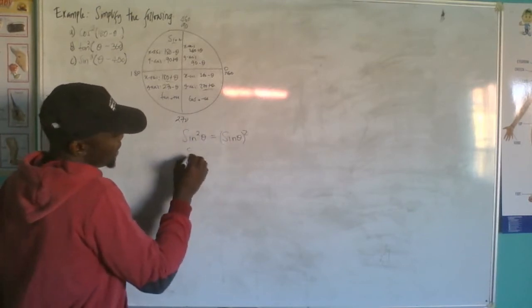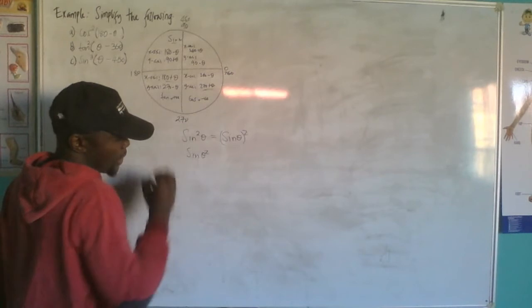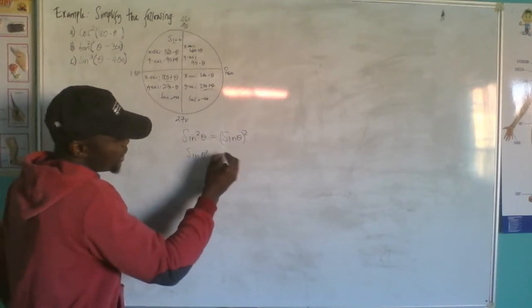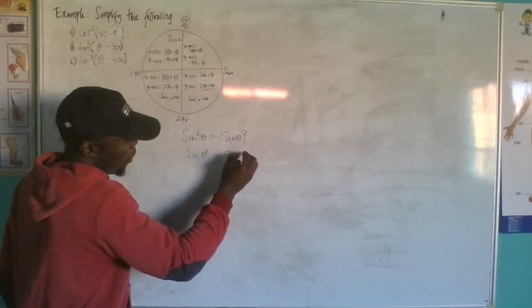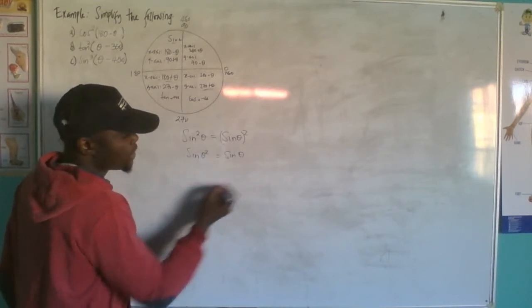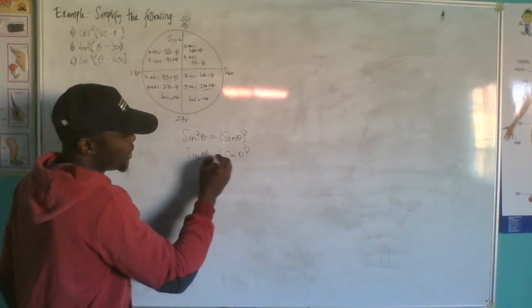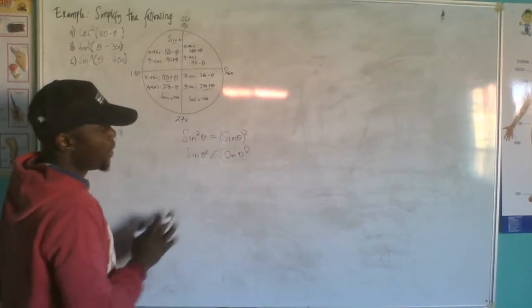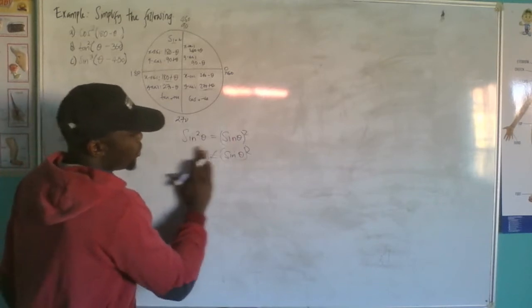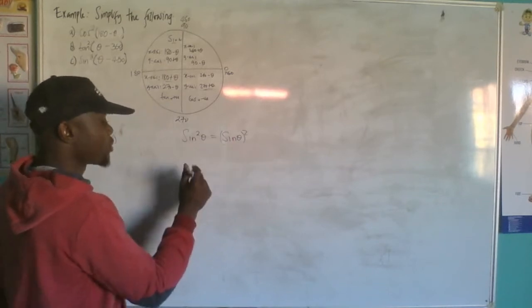But if I have sine theta squared, this only applies on the angle. So it's not the same as this. These two are not equal. This is not equal to that, but this is equal to that.